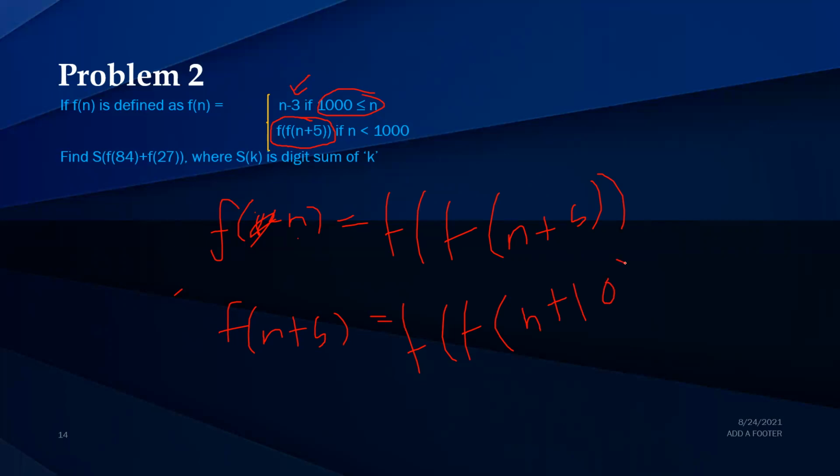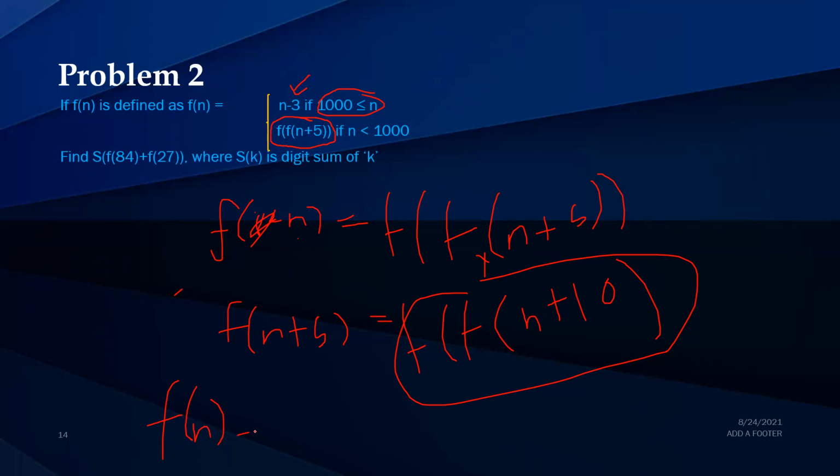Now you can replace f of n plus 5 here with this. So you will have a new value of f of n in terms of f of n plus 10, which would be f of 3 times f of n plus 10.